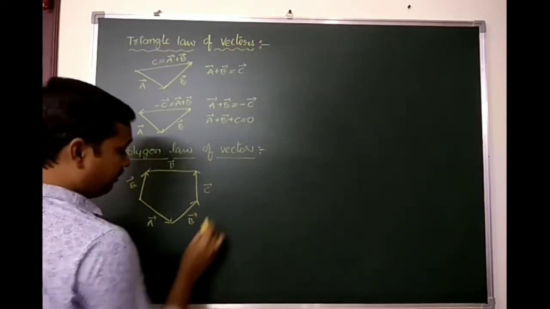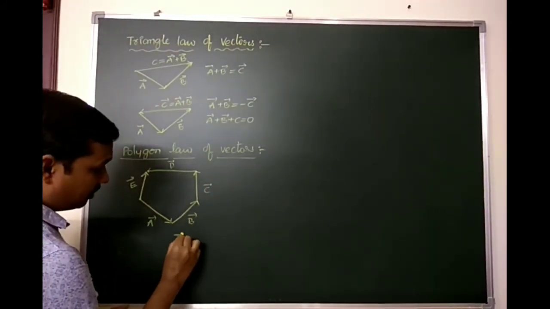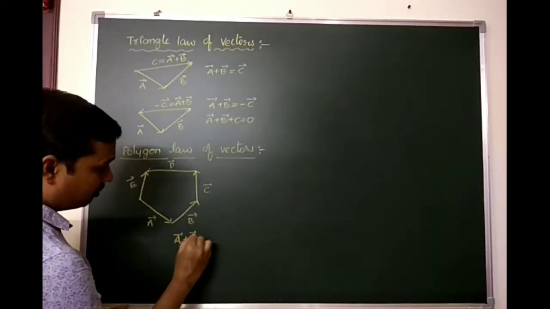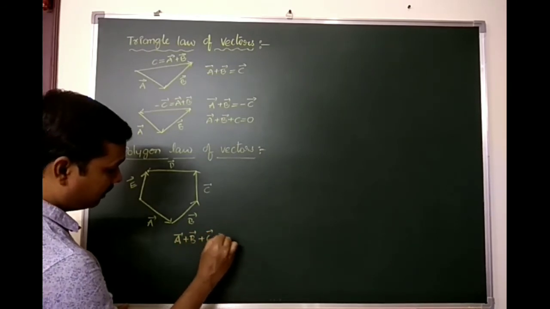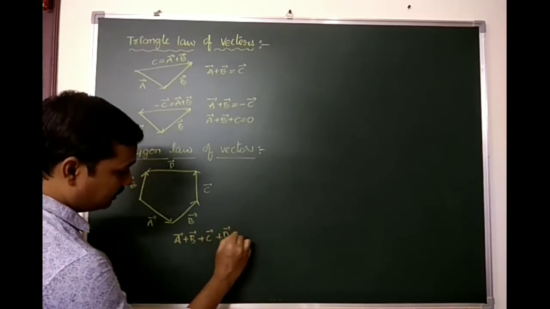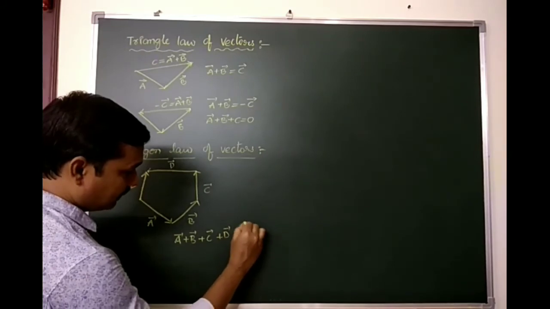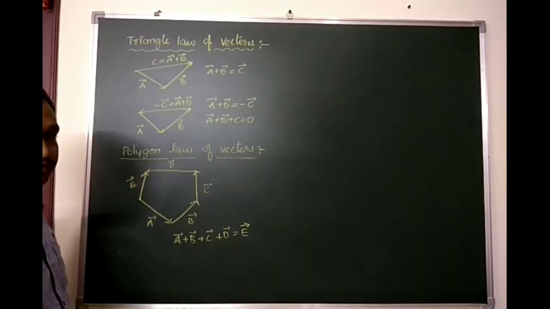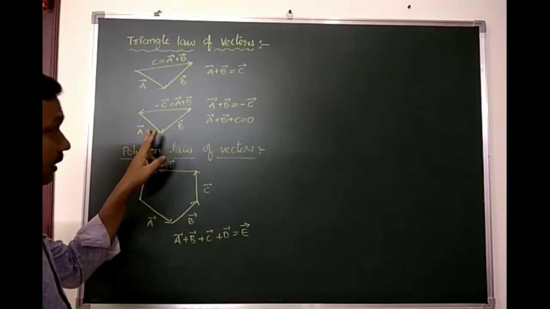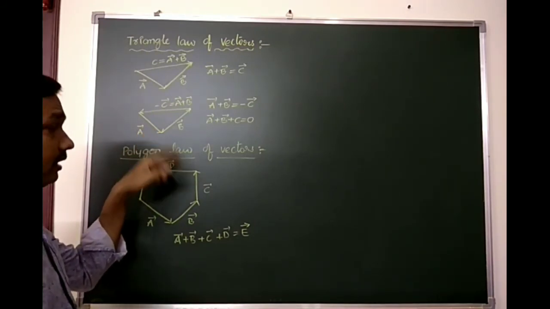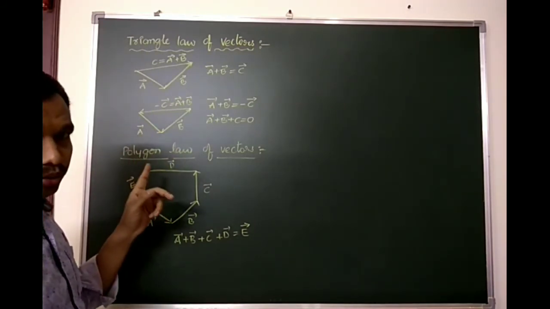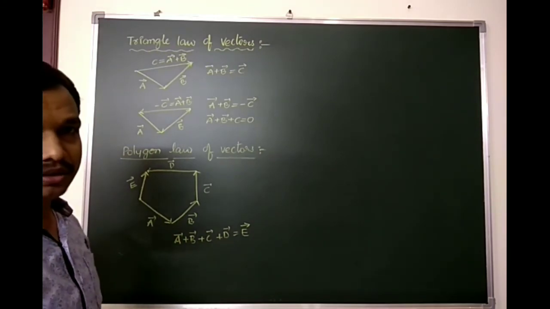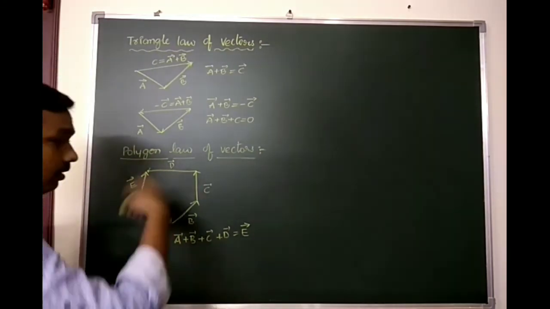So what we can write from this: A bar plus B bar plus C bar plus D bar equals E bar. You can take it in the same manner. If it is completely closed, then it equals 0. All are in order.